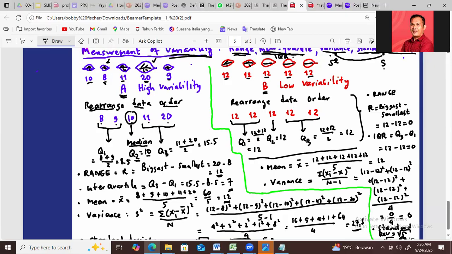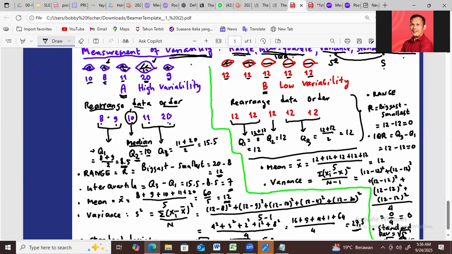After you take the median, at the left we have two data points, and at the right we have two data points. In the middle of these two data points on the left, we take the average of 8 and 9, and we assign this to Q1, which is 8 plus 9 over 2, and then you have 8.5.